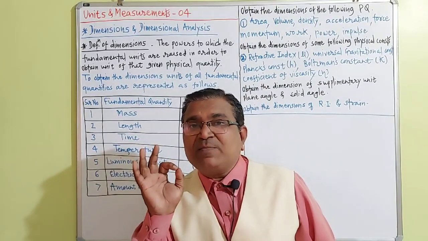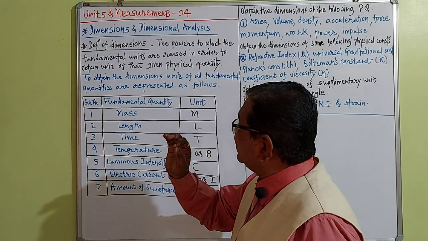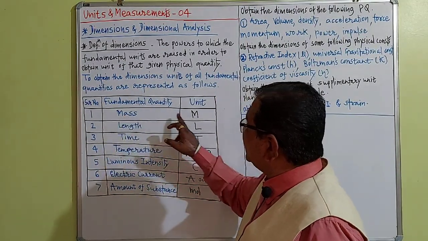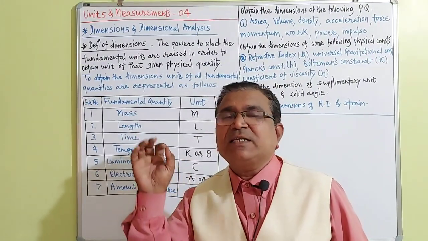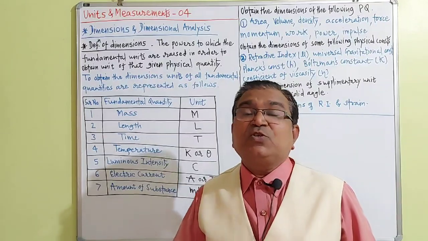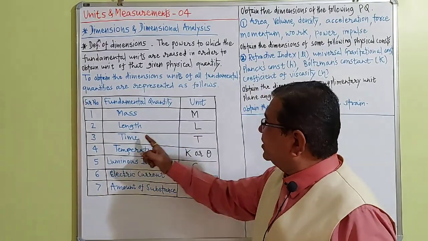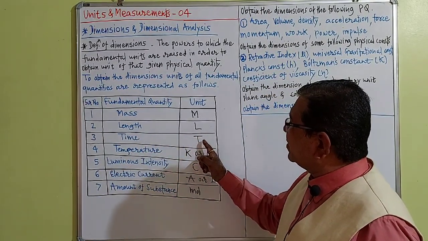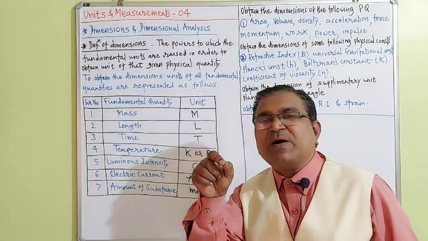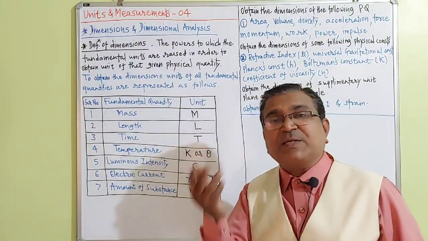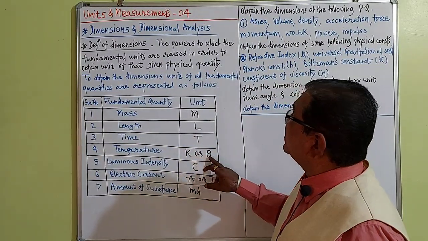To obtain the dimension, the unit of mass is represented by capital M. Unit of length is represented by capital L. Unit of time is represented by capital T. Unit of temperature is represented by either K or theta.